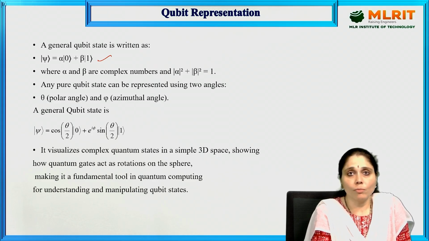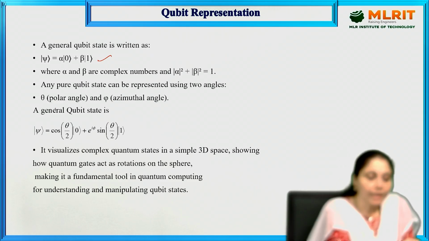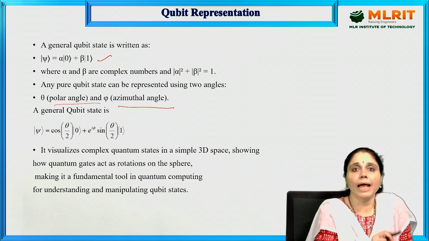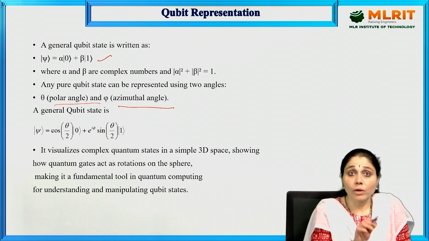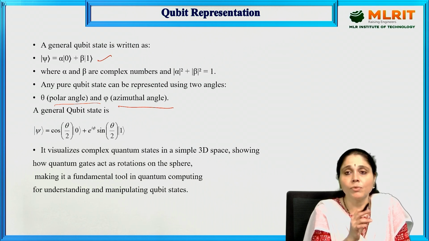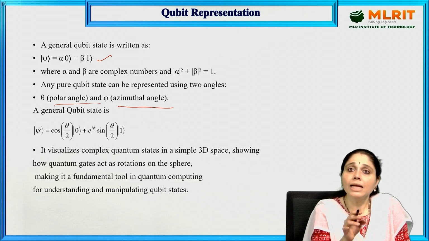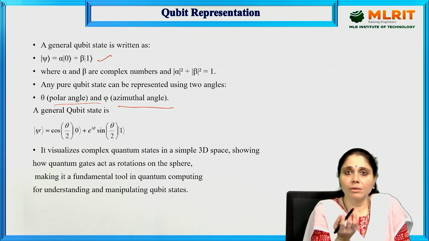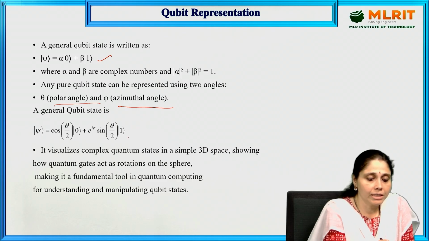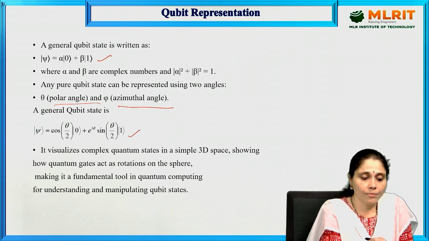Any pure qubit state can be represented by using two angles, theta, the polar angle, and phi, the azimuthal angle, whatever it may be. So this is the general representation as we have already noted.